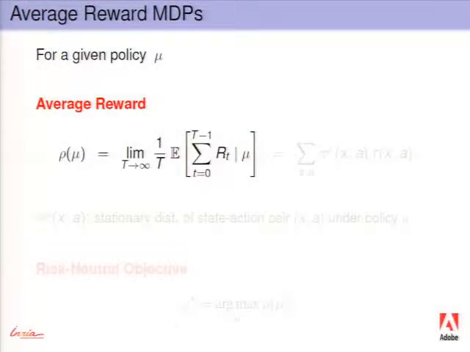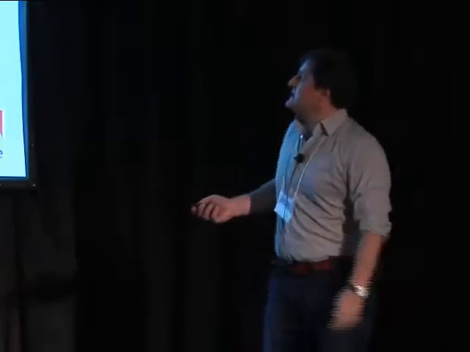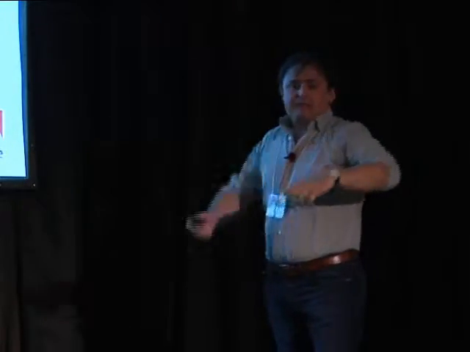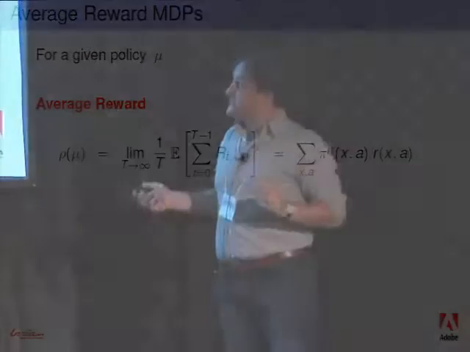Another popular optimality criterion is the average reward optimality. The average reward of a policy is the reward per step of following that policy, which can also be written as the multiplication of the stationary distribution of the system over state-action pairs times the reward function.